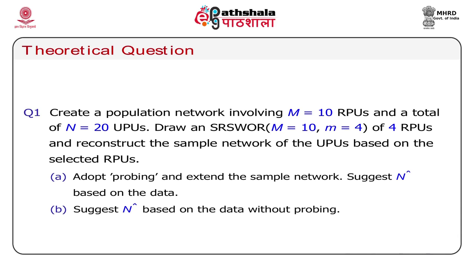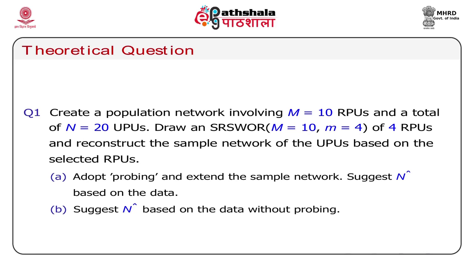Draw a without replacement sample of 4 reference population units and reconstruct the sample network of the ultimate population units based on the selected reference population units. You have the entire population network. You first draw a sample of 4 RPUs, reference population units, and then you reconstruct the network based on your sample. That is the whole idea.